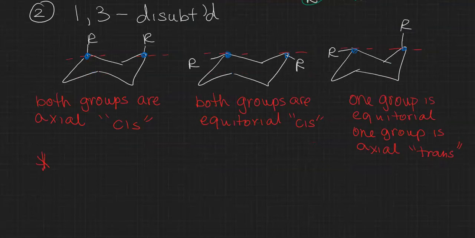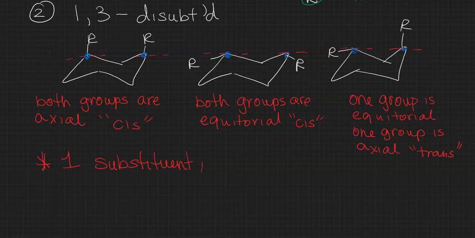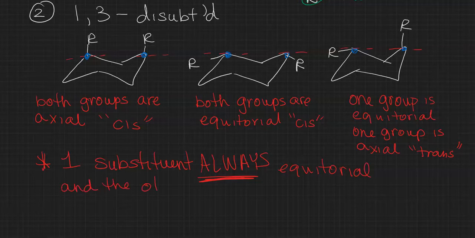For the 1,3 disubstituted, the more stable is where we have one substituent always equatorial, and the other substituent axial.